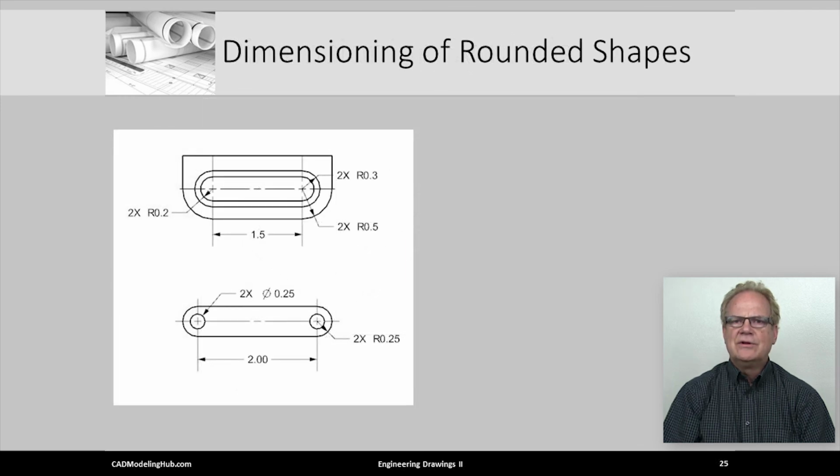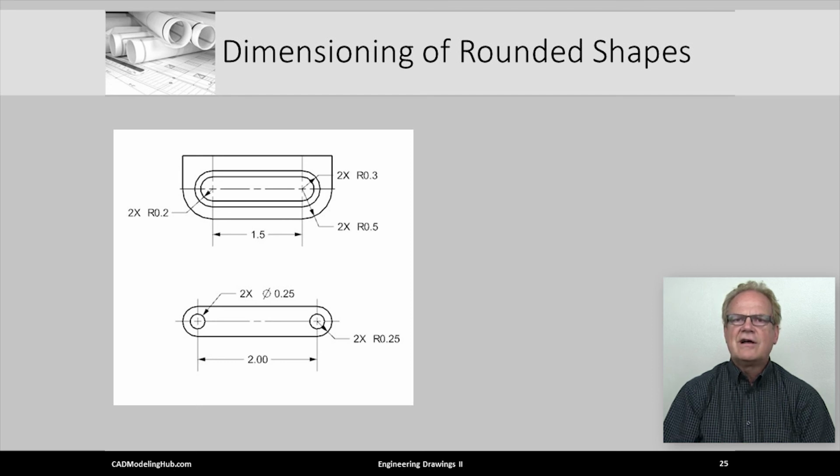Dimensioning rounded shapes is always a challenge for the novice. Here are 2 examples given in a way that the manufacturing person would like them dimensioned. In the top example, the compound slot is sized by the center to center length and the specification of large and small radii.